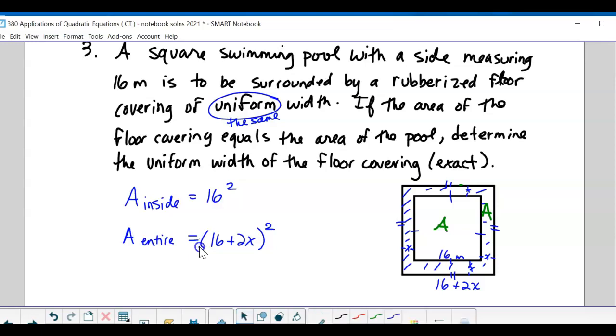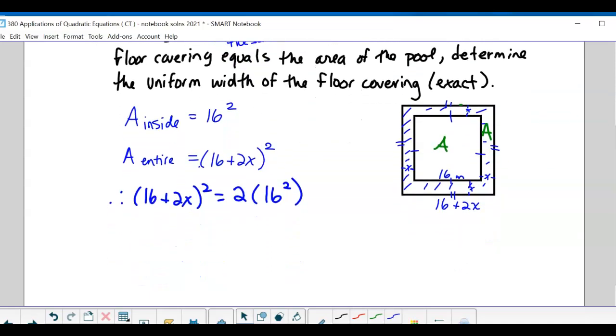So therefore, 16 plus 2x squared is 2 times 16 squared. Okay. And then that's what you solve.